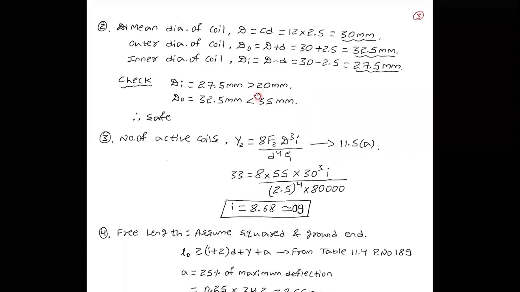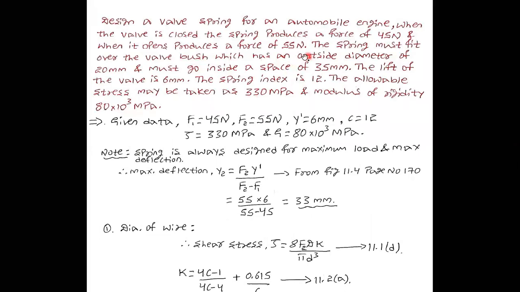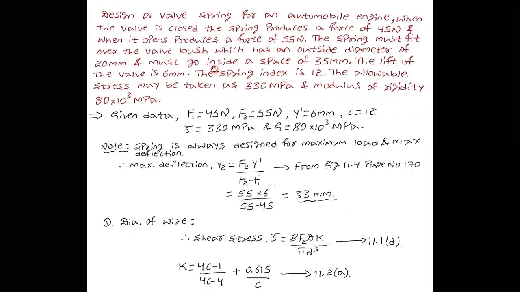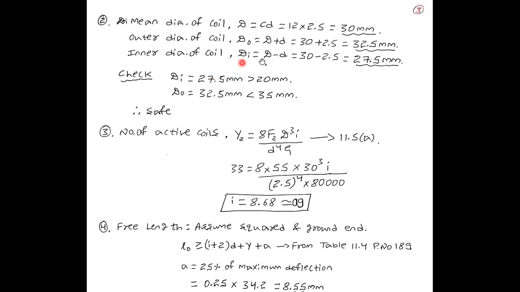Now, as you can see in the given statement, the spring must fit over the wall bush. Whatever spring you are designing should fit in the wall bush, whose outer diameter is 20 and inner space is 35 mm. Within that, it should fit. It means whatever outer and inner diameter you have calculated should fit within that.